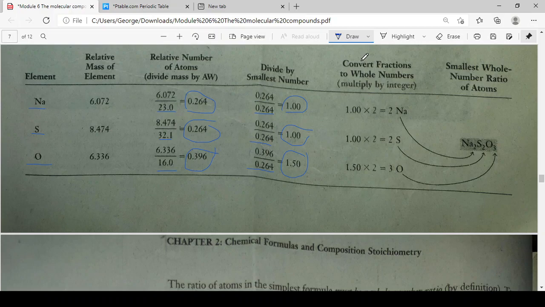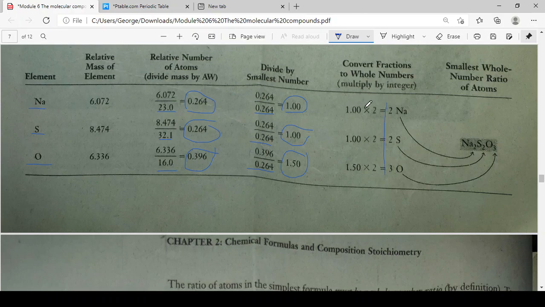Convert the fractions to whole numbers by multiplying by an integer, the smallest possible factor you can apply. What is the smallest number you can usually multiply in order to get a whole number answer? Again, the subscripts of the elements must be whole numbers, okay?